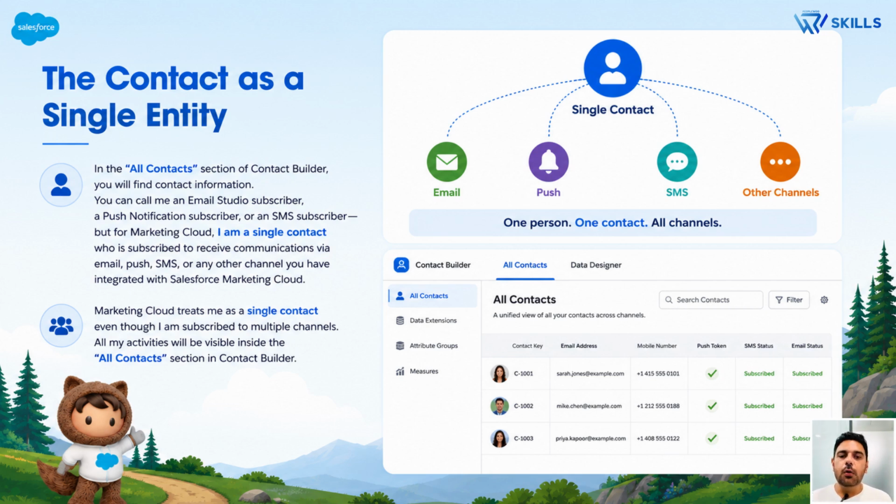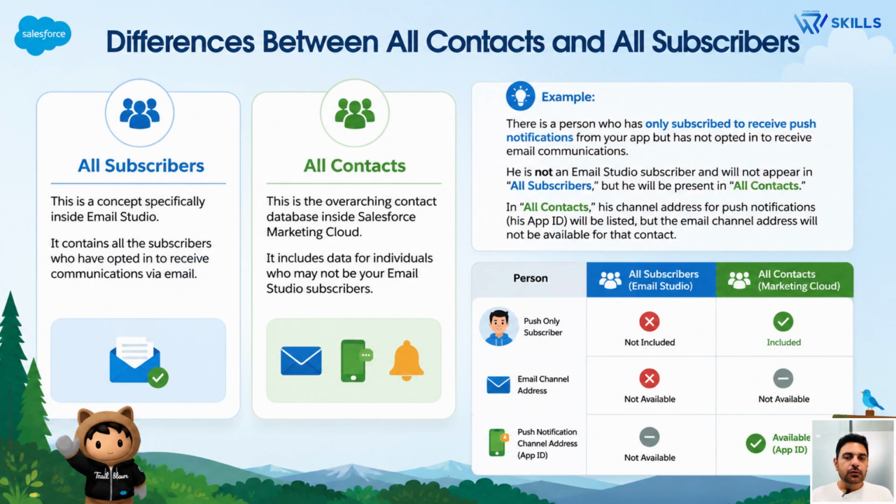So Marketing Cloud treats me as a single contact, though I am subscribed to multiple channels, and all my activities will be visible inside the All Contacts section inside Contact Builder.